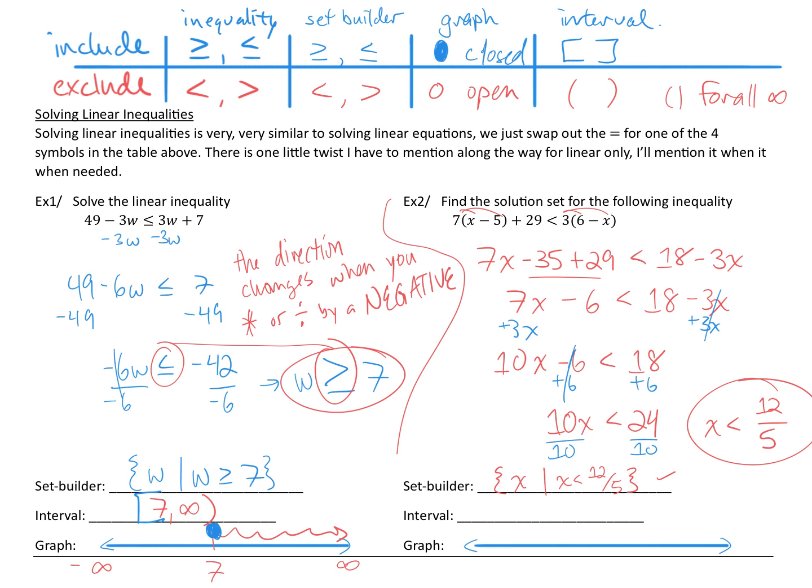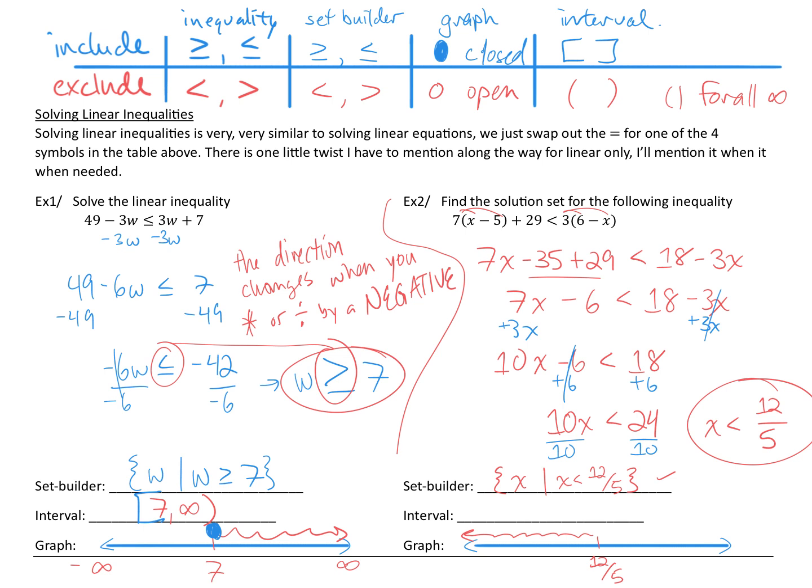I want to move to the graph next, so I will take the important number of 12 over 5. Let's see here, say that x is less than 12 over 5. And 12 over 5 is decimally equivalent to 2.4. So numbers like 2 and 1 and 0 and negative 100 million, all of those numbers have being to the left in common.